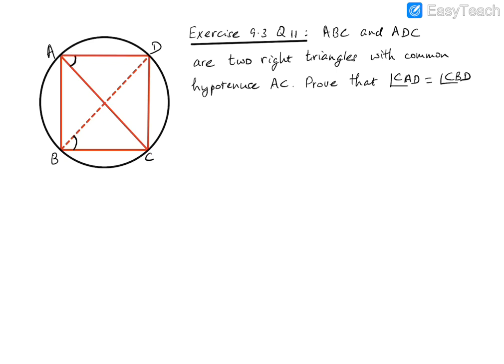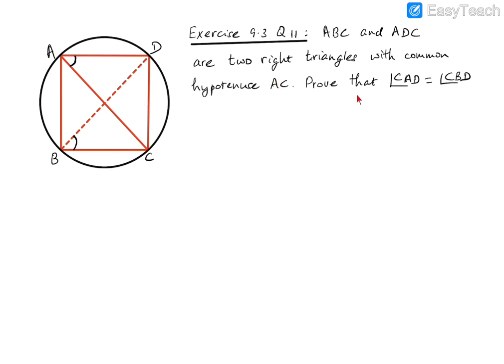We are given that these two triangles have a common hypotenuse, the side AC. So the triangle ABC has hypotenuse AC, and similarly the triangle ADC also has the side AC as its hypotenuse.